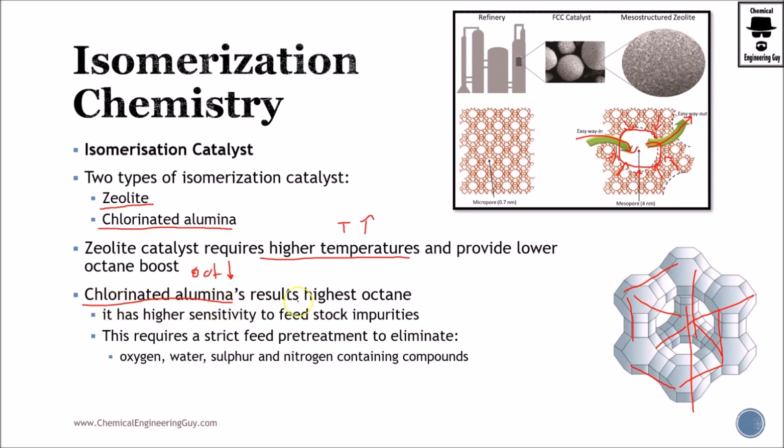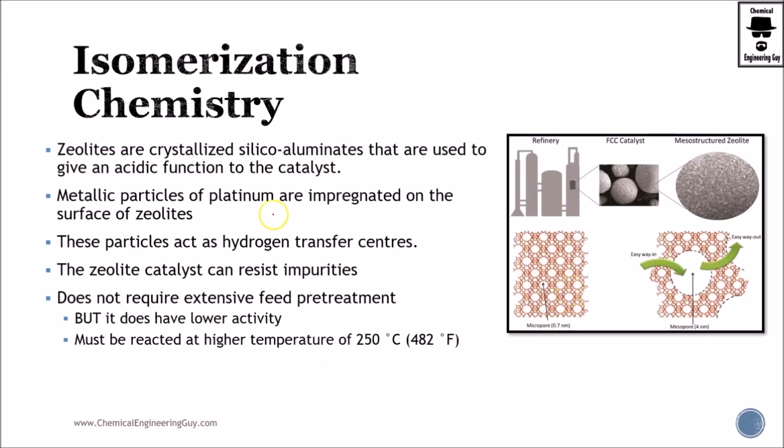On the other hand, chlorinated alumina will have a higher octane rating, doesn't need to operate at high temperature, but has higher sensitivity, and because of that sensitivity, we're going to require to remove or pretreat most of the feeds. So we need to remove oxygen, water, sulfur, nitrogen, and other metal containing compounds.